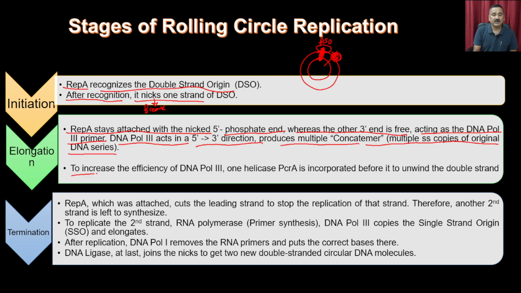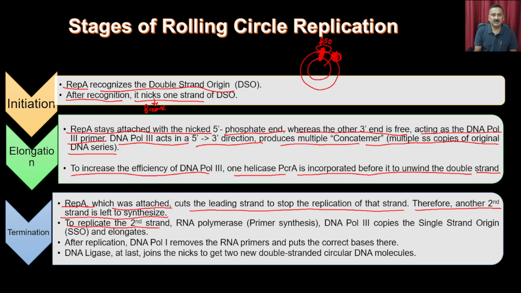To increase the efficiency of pol 3, the replicase PcrA is incorporated before it unwinds the double stranded DNA. Then in the termination stage, the attached RepA cuts the leading strand to stop the replication of that strand. Therefore, the second strand is left to be synthesized.